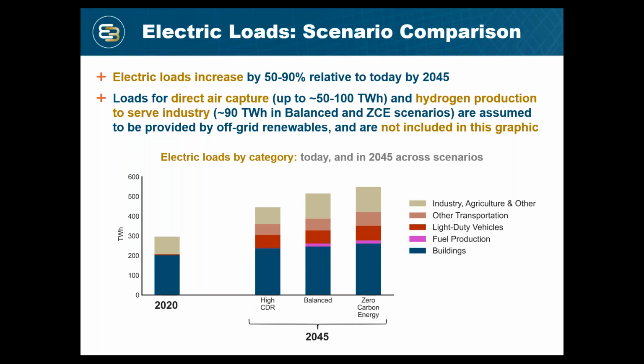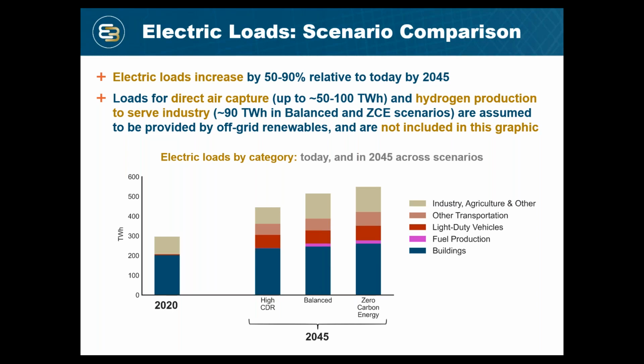And that's coming from vehicles, light duty vehicles, medium heavy duty, other transportation electrification, as well as in industry, from industry electrification. There are additional electricity demands associated with direct air capture that might be needed as one of those options for carbon dioxide removal, but we're assuming that that would be powered with off-grid energy, and so is not reflected here.